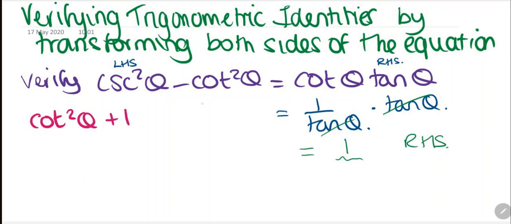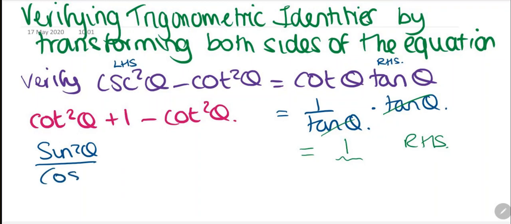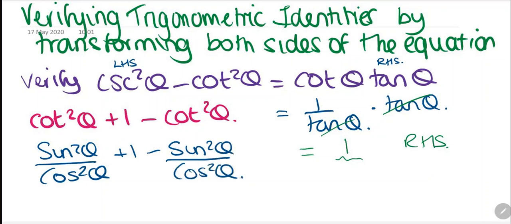And then I'll just leave minus cot squared as it is for a second. And now we'll change cotangent. This is sine squared over cosine squared theta. We've still got the plus 1. And then we can change this cotangent here to sine squared theta over cosine squared theta.